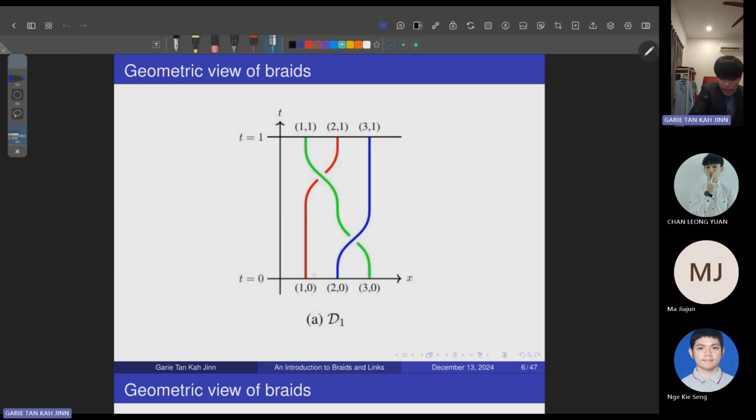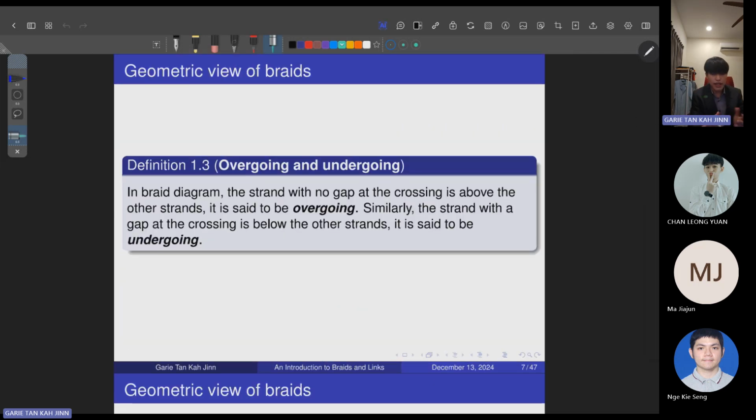As you can see, this red string starts from (1,0), so we call it the first string. This blue one we call the second, and the green one we call the third string. Now, what do overgoing and undergoing mean? In a crossing of a braid diagram, the string with no gap is above the other and is said to be overgoing.